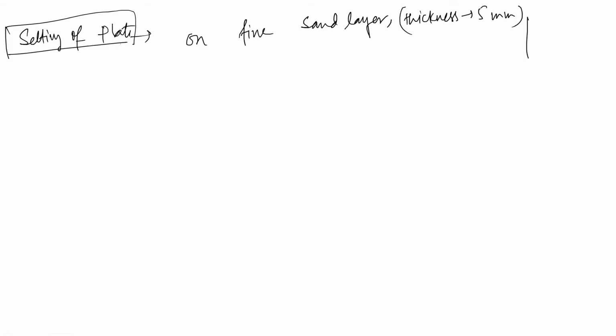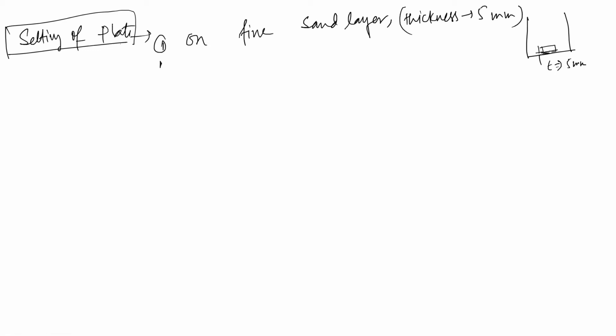Generally, this plate is kept on a fine sand layer, and that sand layer thickness should be 5 mm. Suppose this is your depth D, and you just place some sand and place the plate, and that thickness minimum 5 mm, not more than that.